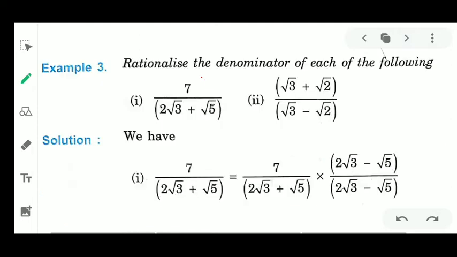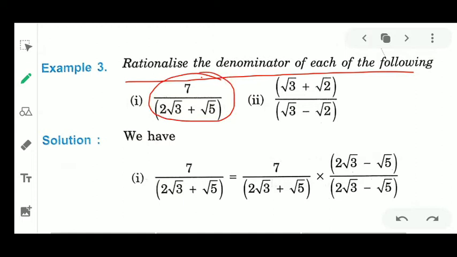So here is an example. Rationalize the denominator of each of the following. First we have 7 by 2 root 3 plus root 5. So here we consider 2 root 3 as a and root 5 as b. So the number is in the form of a plus b, and the conjugate of the number will be a minus b, that is 2 root 3 minus root 5.